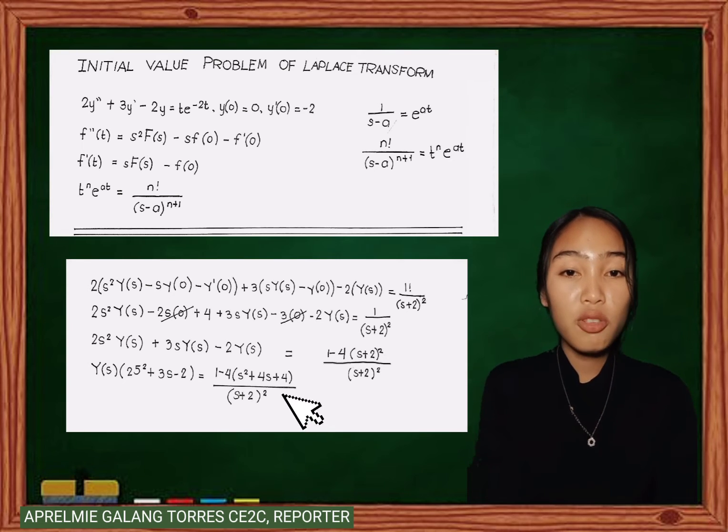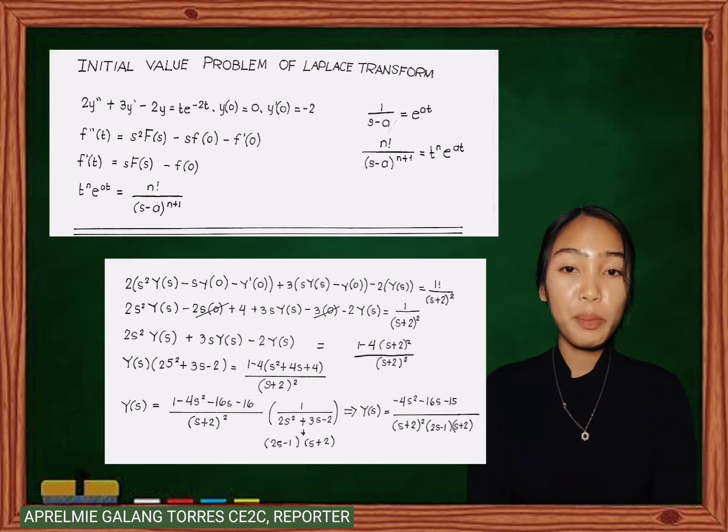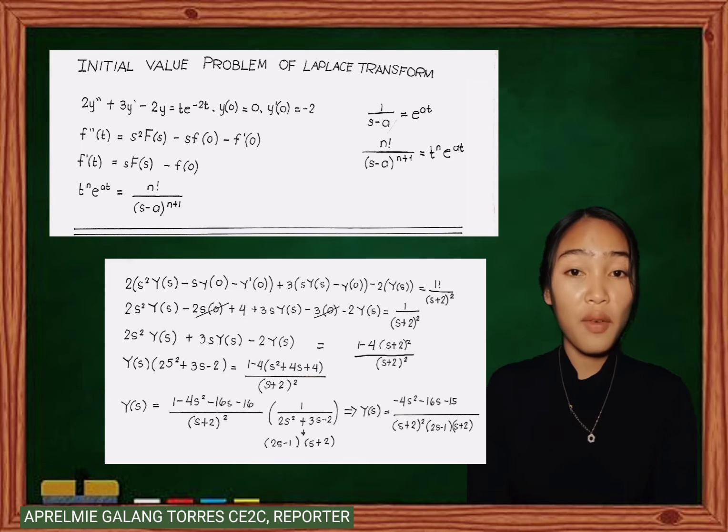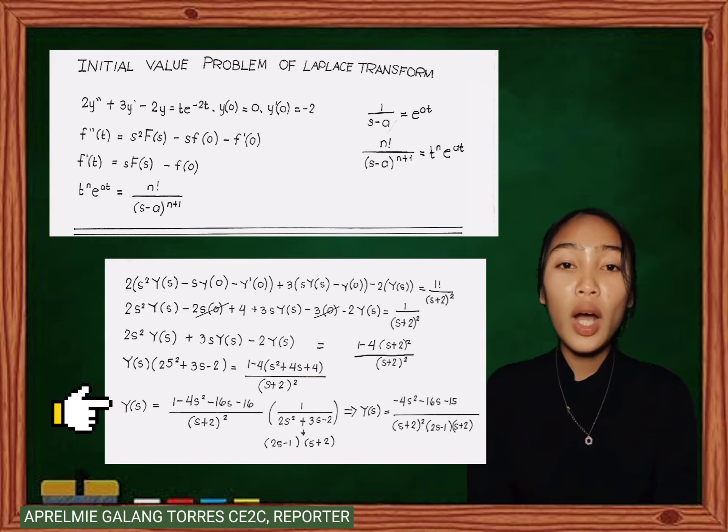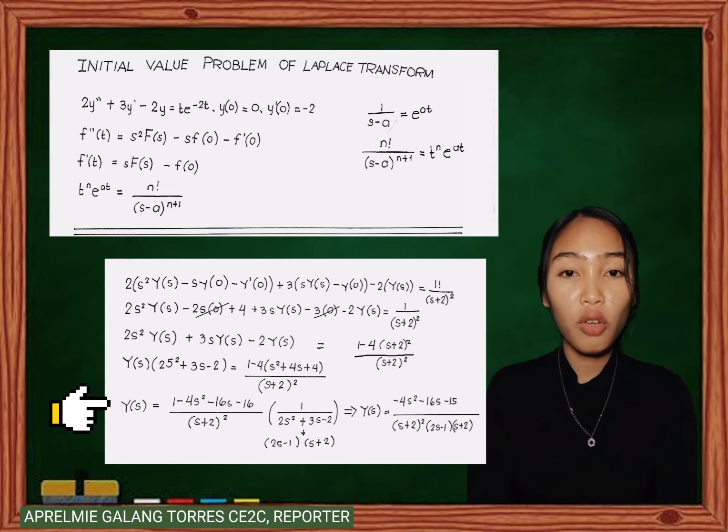And now we're going to divide both sides by this quantity here, 2s squared plus 3s minus 2, in order to solve for Y of s. Dividing the fraction on the right side by this quantity on the left is the same as multiplying by 1 over that quantity. So we're going to have 1 minus 4s squared minus 16s minus 16 all over the quantity s plus 2 squared.